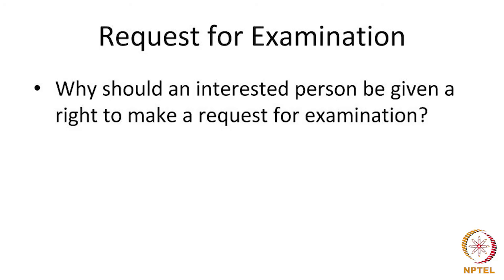So, here the interest is in the application, it is not in the research area or the field. So, here we can understand an interested person as being in some way connected to the invention itself, who has some kind of an interest.